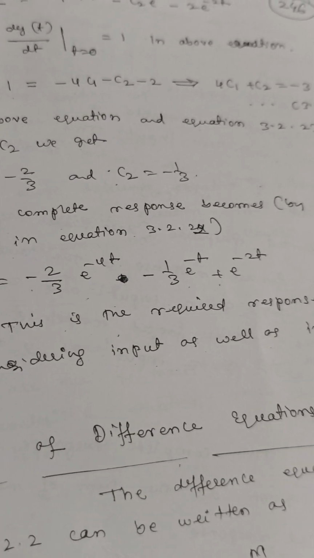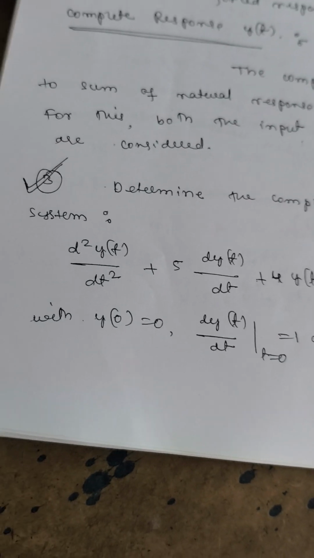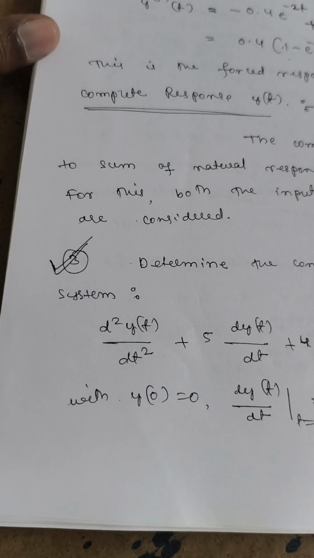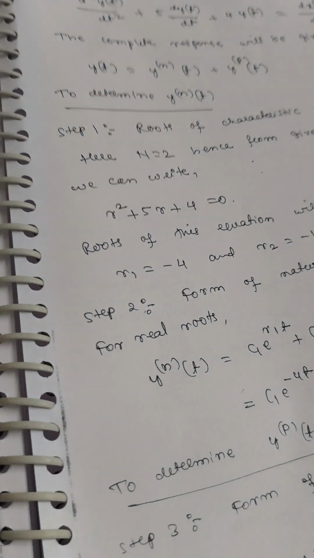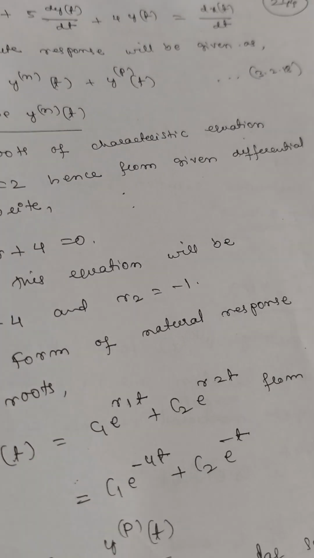This is how we can obtain the complete response when they give such a differential equation and ask you to determine the complete response of the system. This is how we can solve problems related to differential equations.